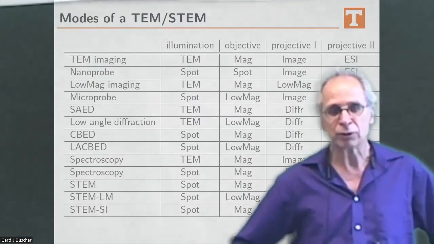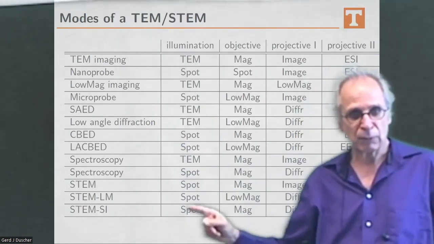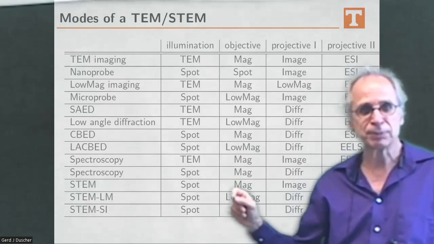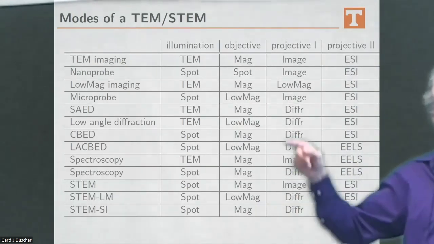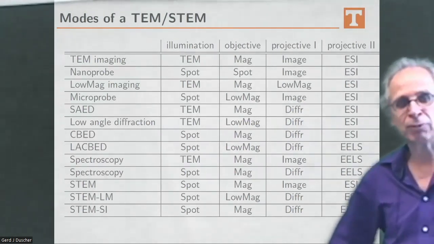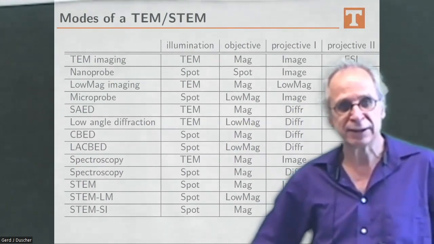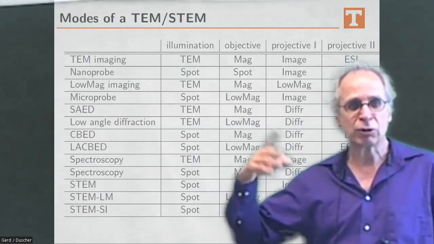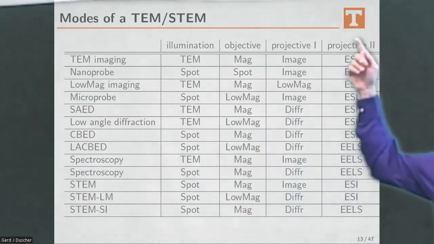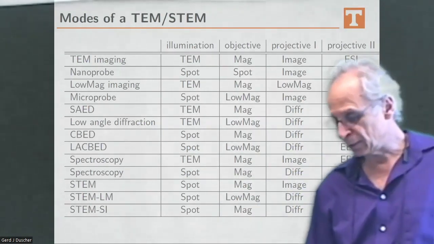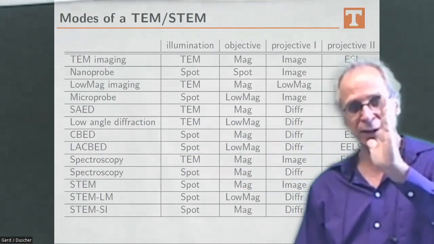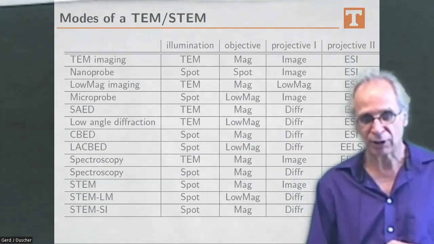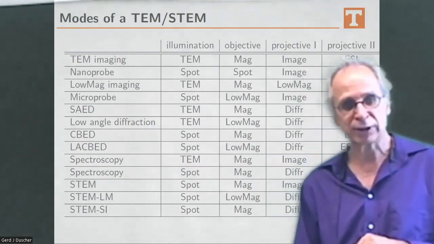So depending on parallel or convergent, whether this objective lens is on or not, and depending on where the first projective lens is, we have an image or a diffraction, and then we can, in our microscope, switch between EELS and imaging, and you can do the same thing in a Gatan image filter.